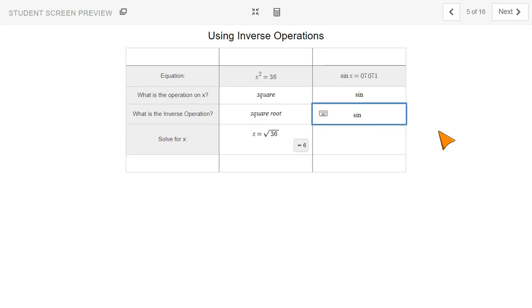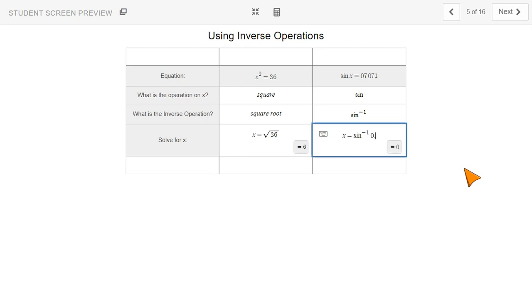It's represented by the symbol sine with a -1. So for me to undo the sine, I'm going to take the sine, put it on the other side, and we have x is equal to inverse sine of 0.7071. That gives us the x, which is our degree of 45.